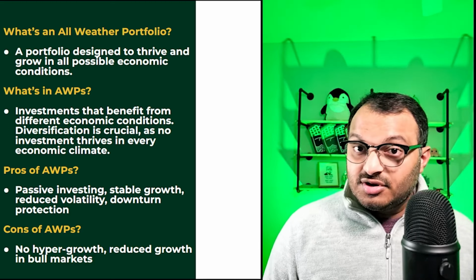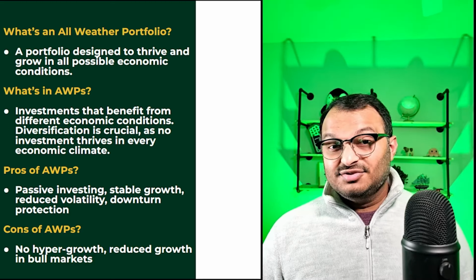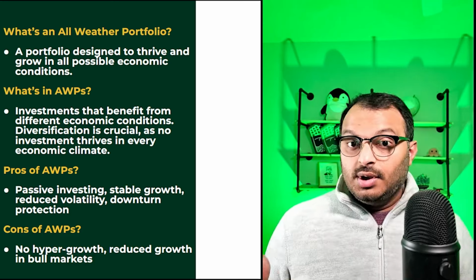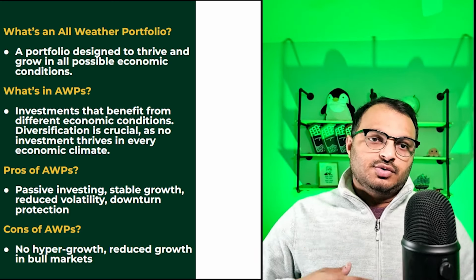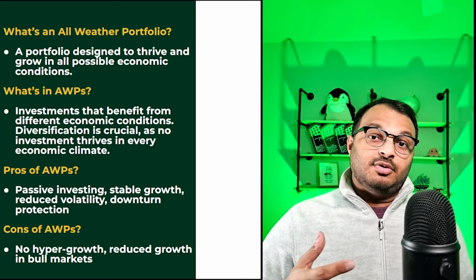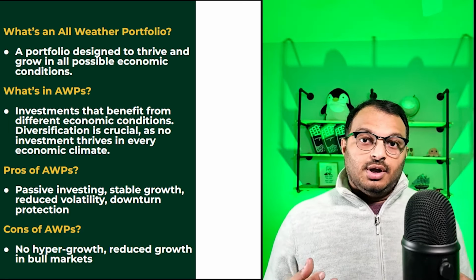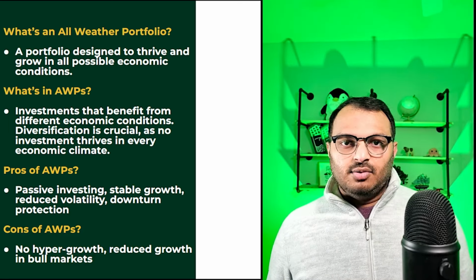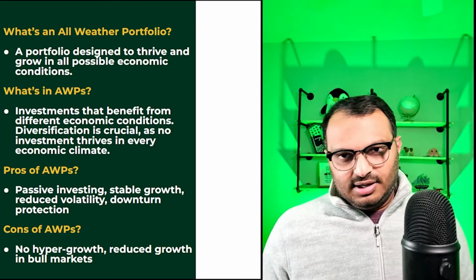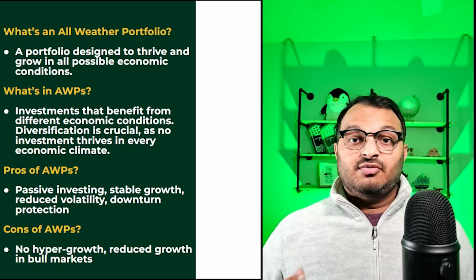Then you have inflationary periods where your money is worth less. So all these things. So the components of an all-weather portfolio have a specific goal, and each component will handle one of these conditions that we talked about.